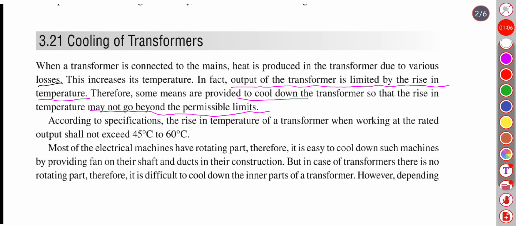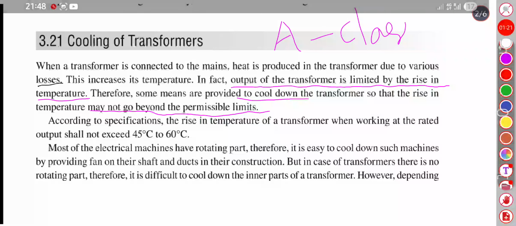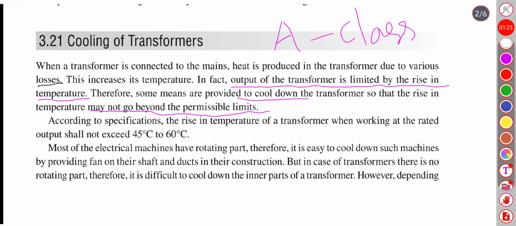Mostly, the transformers are designed up to class A of insulation. So, according to specification, the rise in temperature of transformer when working at rated output shall not exceed 45 to 60 degree.